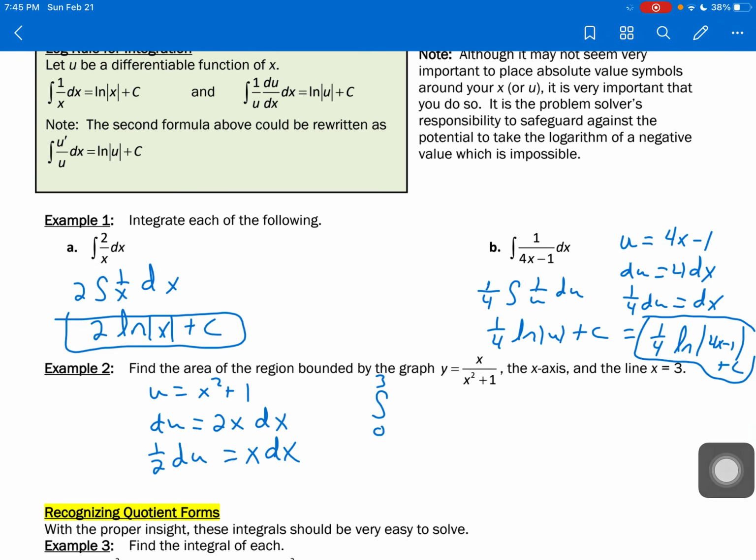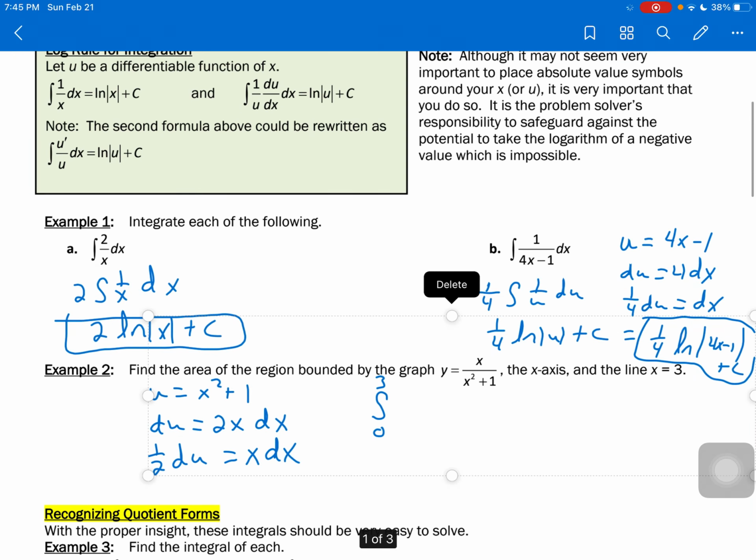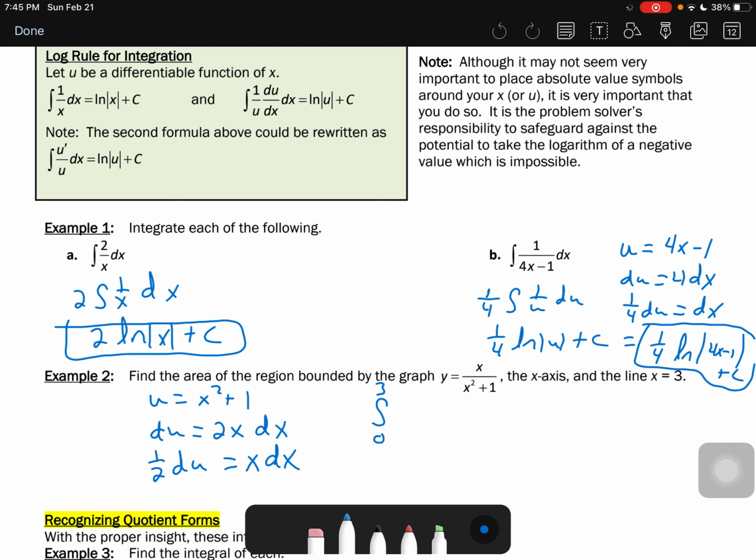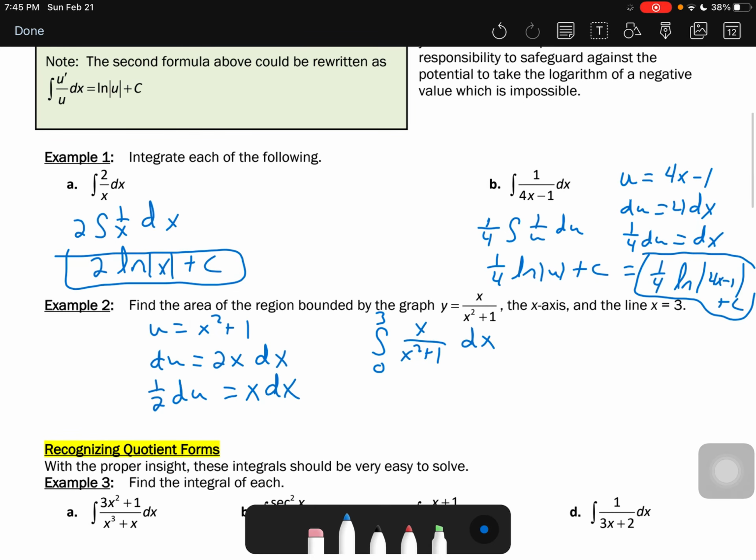Okay, and so when I set this integral up, I'm going to have the antiderivative of the expression x over x squared plus 1, and it's bounded 0 to 3 so that we can find that area that they're asking us about. Okay, and so now I have already set up my u substitution right over here, right?